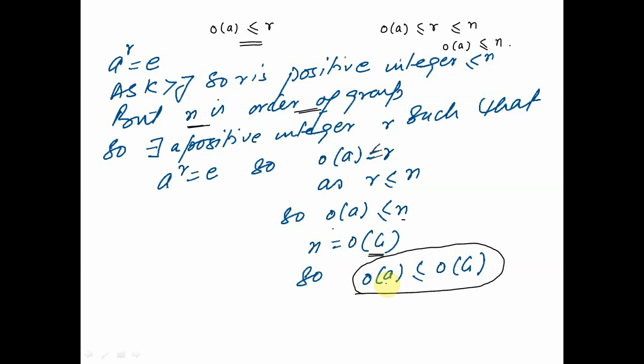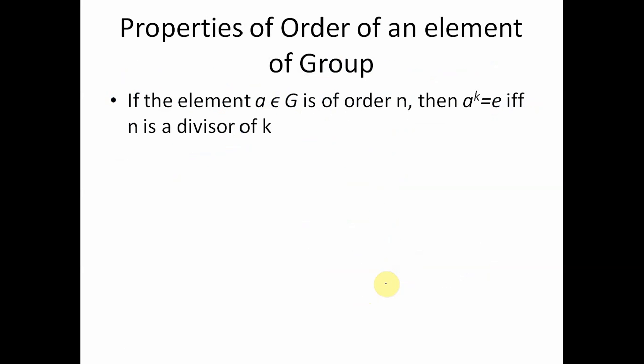Let's take another property. If the element a belonging to G is of order n, then a to the power k is equal to e if and only if n is a divisor of k. Now again, please pay attention. I have used if and only if. That means I have to check for a necessary and sufficient condition.